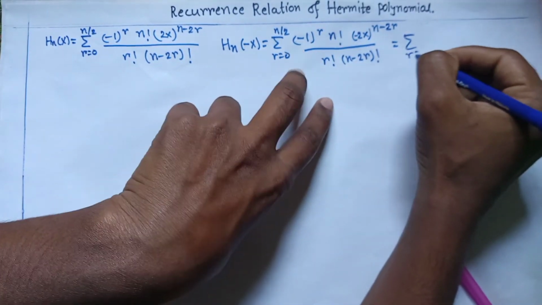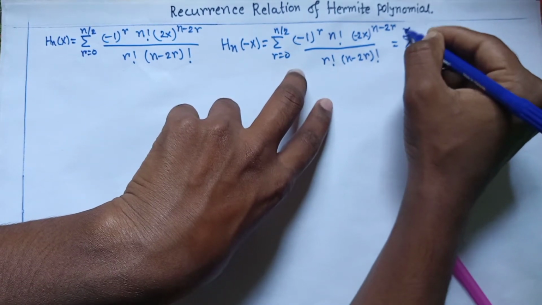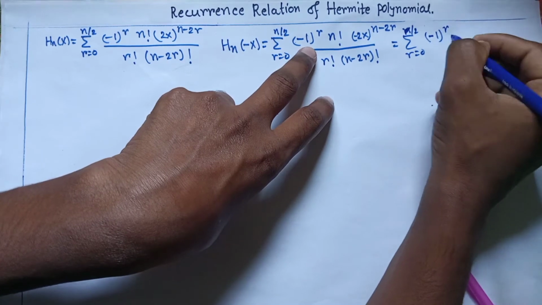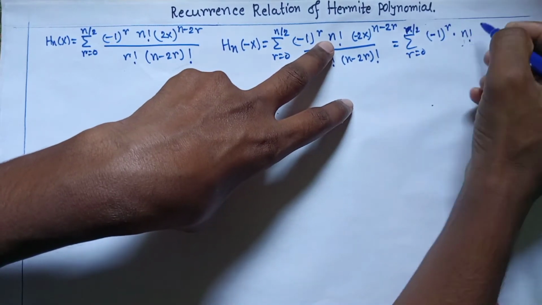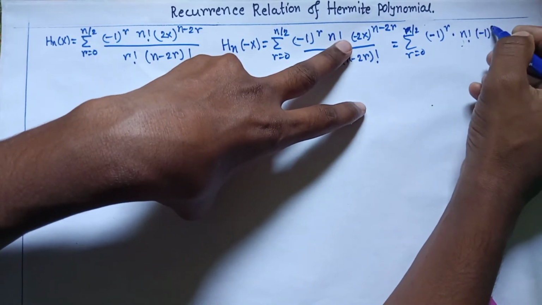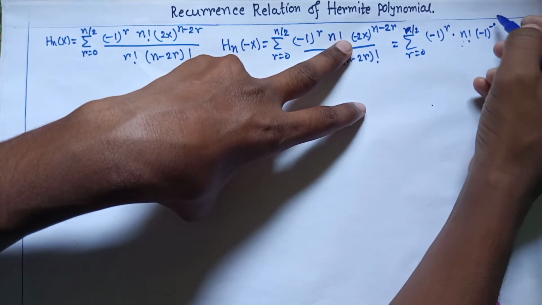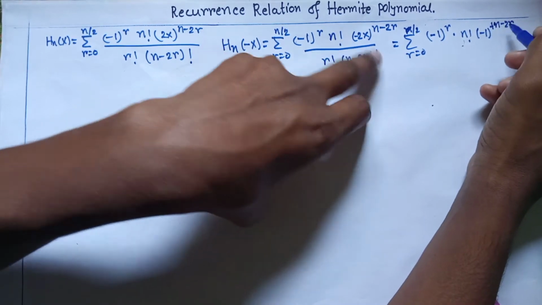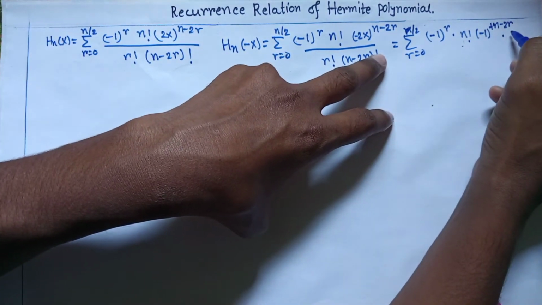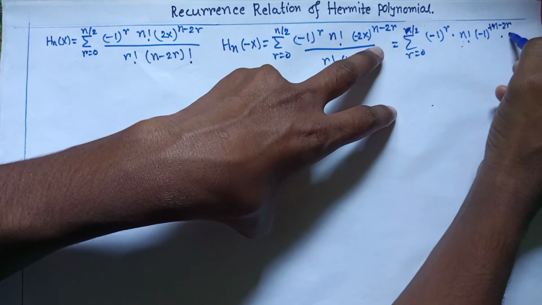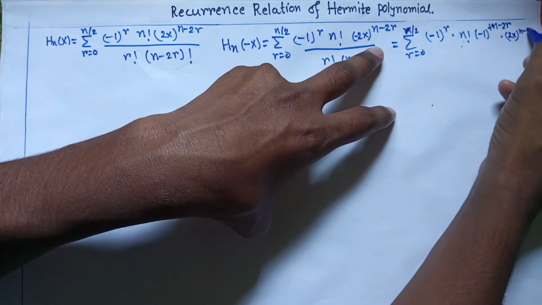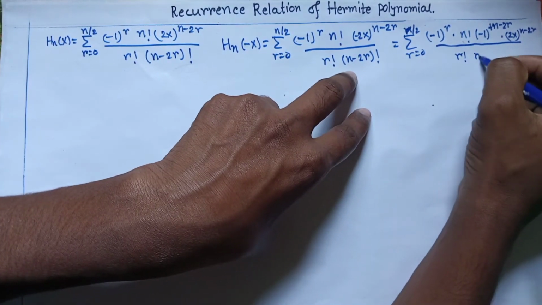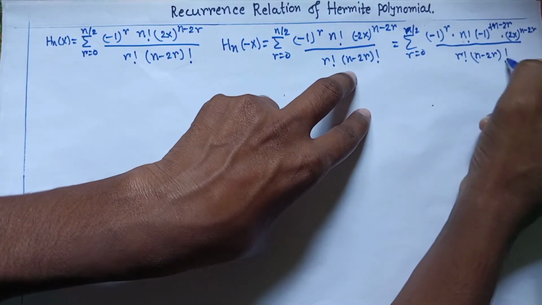Okay, r equals 0 to n by 2, minus 1 power r into factorial n into minus 1 power n minus twice r, into 2x power n minus twice r divided by factorial r into factorial n minus twice r.